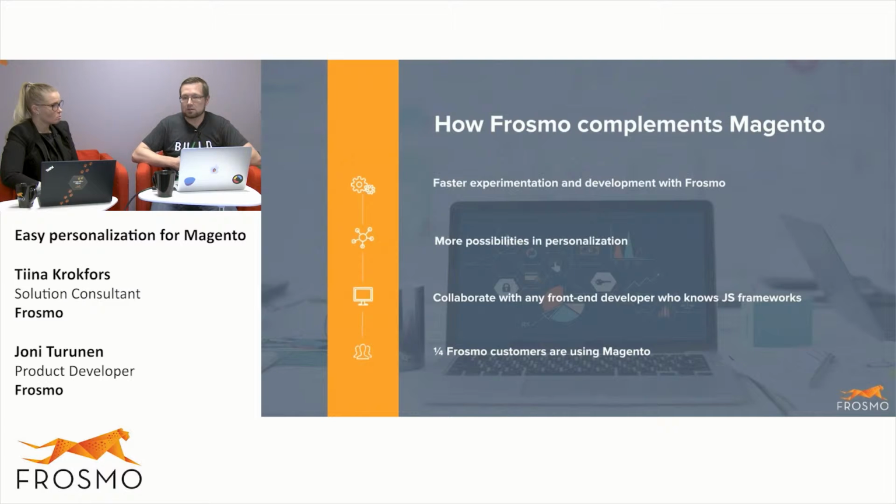Frosmo is a layer on top of your website, which can utilize all the data from Magento. So you can really easily test your content and see what works, so that you don't need to make changes to the backend at all until you're ready and the experiments show that this is the good thing to do.